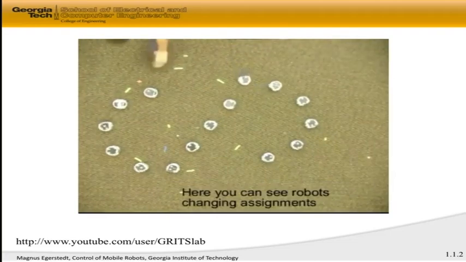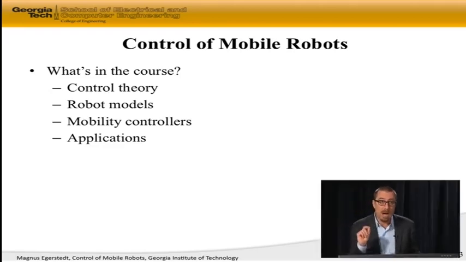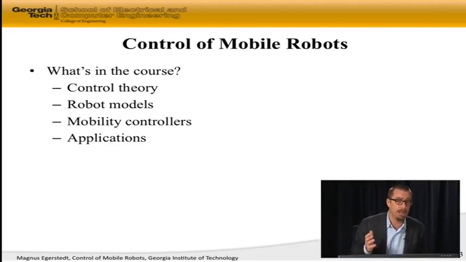So let's talk a little bit about the course. Control theory will play a key role, meaning how do you actually control systems? And this will be done decoupled from robotics. But then we're going to couple in the robotic applications by looking at robot models, because not all robots are the same. Some are hopping, some are slithering, some are rolling, some are flying, and different type of robots require different type of controllers.